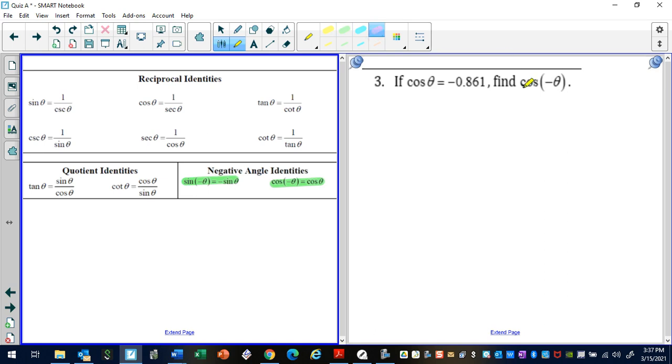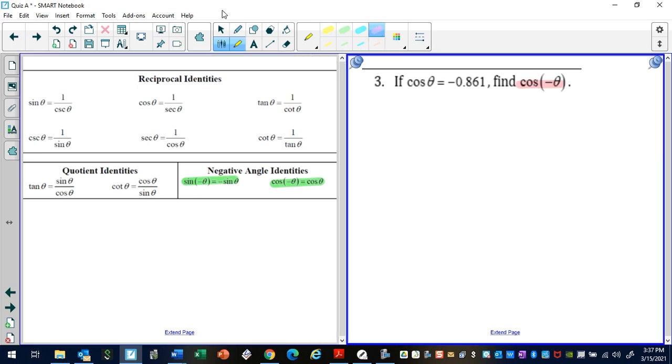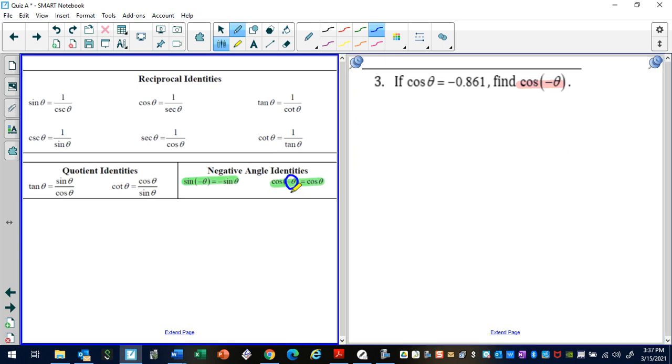Okay, so if I'm trying to find cosine of negative theta, you need to remember that this rule for cosine of a negative angle stays the same. It's equal to cosine of theta. It's equal to the original, just plain old cosine of theta.